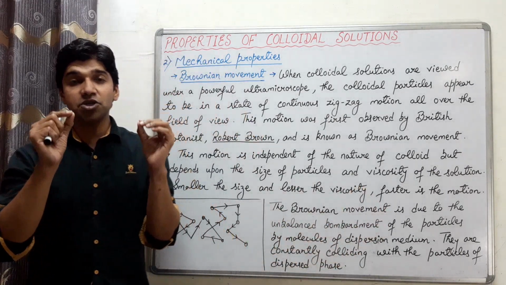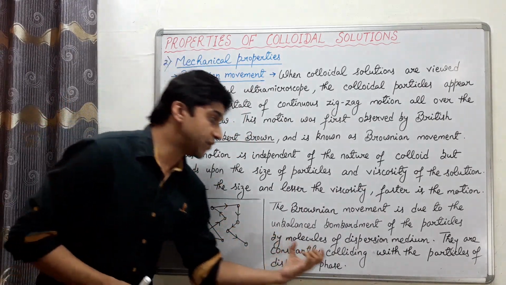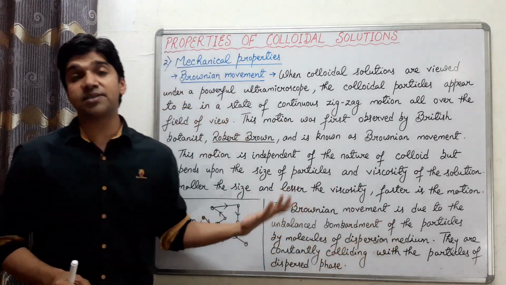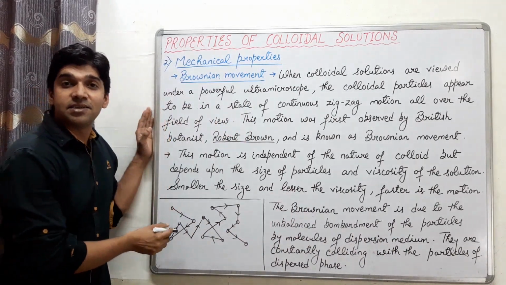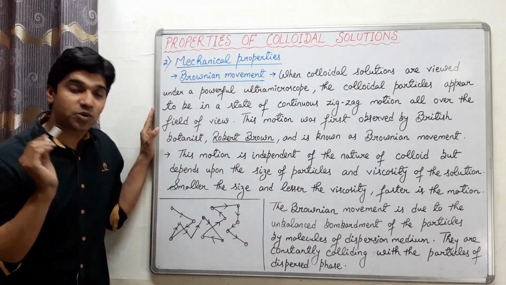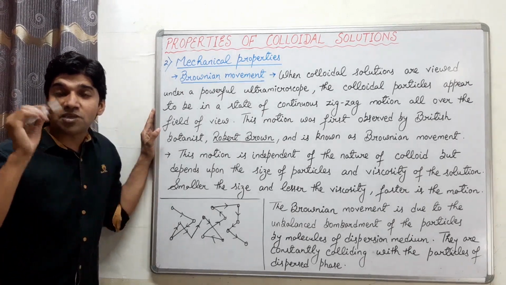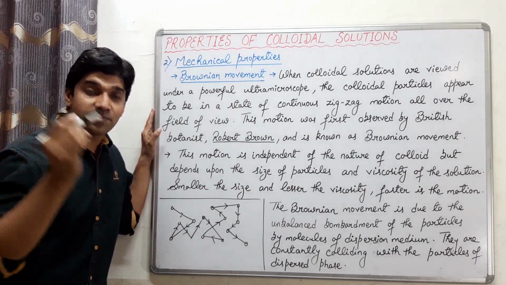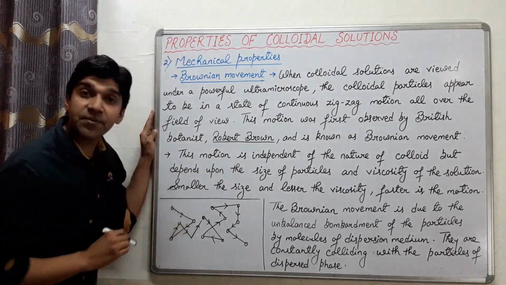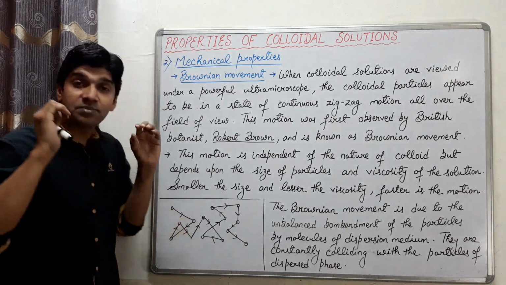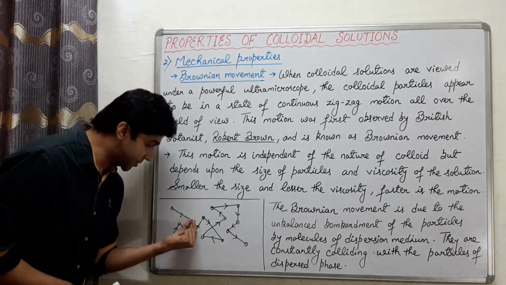So the molecules of dispersion medium are continuously colliding with the particles of dispersed phase, and that's the main reason behind this Brownian movement. हम suppose कर रहे हैं कि हमारा particle dispersed phase का यहाँ पे है. Now some particle of dispersion medium collide with this particle of dispersed phase. तो ये हमारे यहाँ पे आ गए हैं. यहाँ पे आने के बाद some other particle of dispersion medium collide with it. अब ये यहाँ पे आ गया.